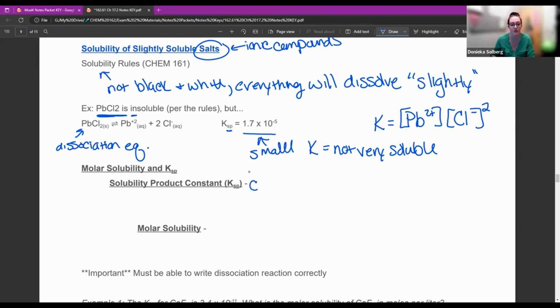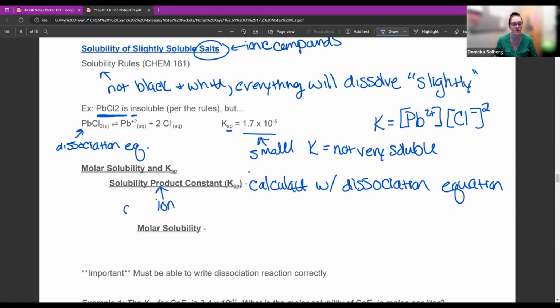And we calculate it with the dissociation equation that I just wrote above as an example. It is the product, meaning multiplied, of the ion concentrations.